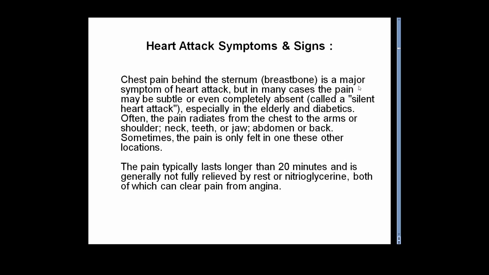And the atypical variant may occur in four categories of patients: younger patients up to 40, older patients more than 75 years, diabetics, and females.